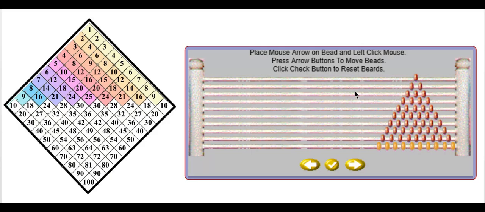Now, if we go over here, we can see that we can find similar areas in the Pythabacus.